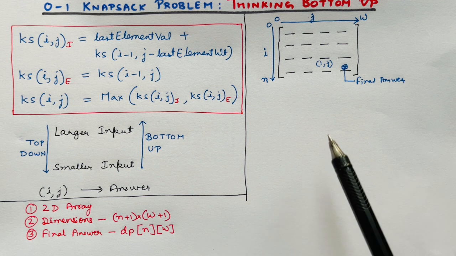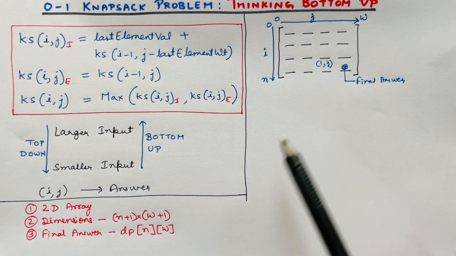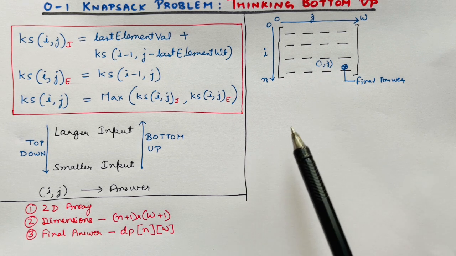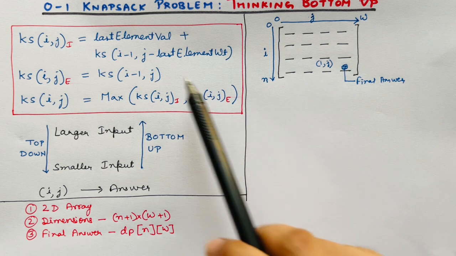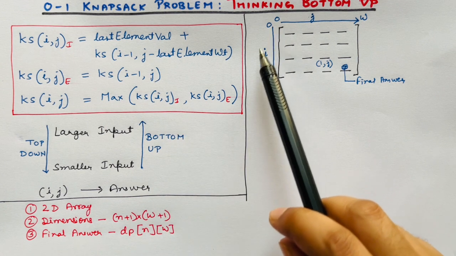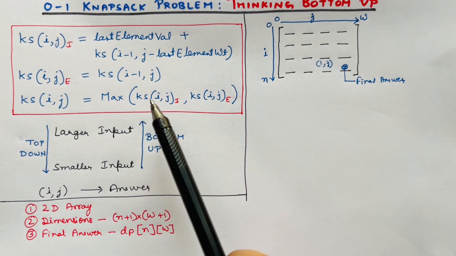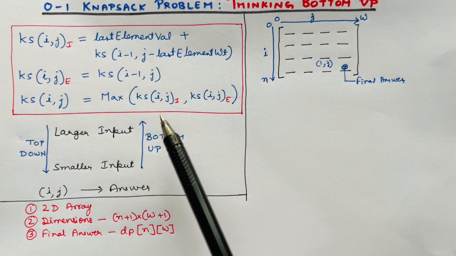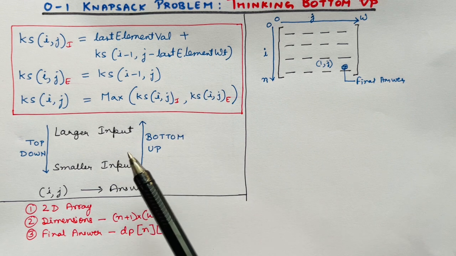Okay, so now we have to find a way to fill this matrix. Let us see how we will fill the value at any position i, j. To fill the value at any position i, j, we need the value of the last element. Since we are considering the first i items, we will know the value of the last element as the element at the i minus 1th index. Similarly, we will know the weight of the last element.